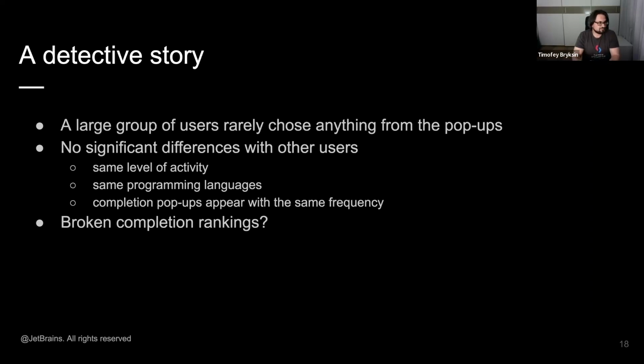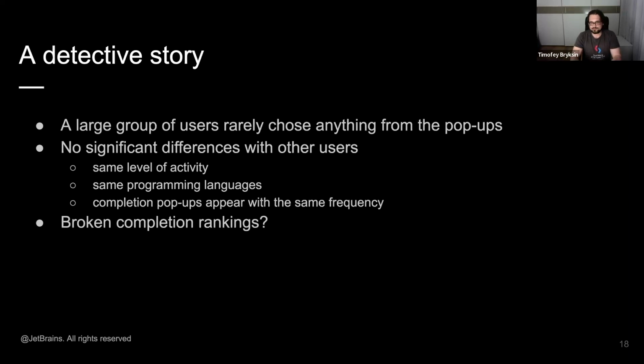In a perfect world, we would just look at their IDEs, at their code, and try to understand what's happening, but obviously we couldn't do that. So we checked several things, and we concluded that somehow something was broken in the IDE. The relevance scores of the top suggestions were much lower than usual for other users. What should we do?